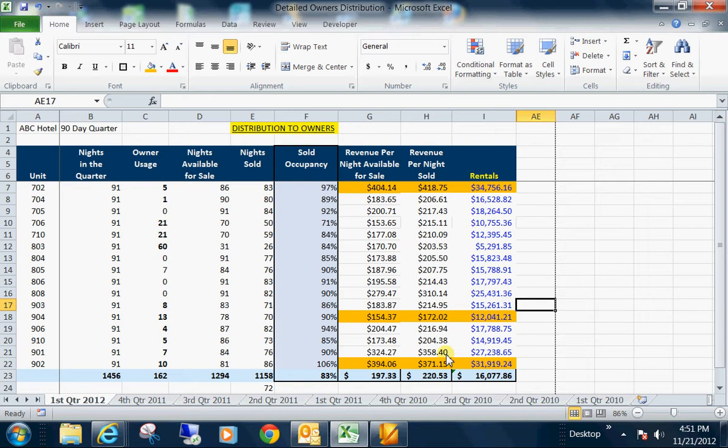As you well know, each of you signs a rental management agreement, also called an RMA, when you go into the program. And in that agreement, the hotel program promises you that they will do their best to equally distribute revenues. We all know that if you live in the penthouse with an ocean front view, or if you live on the fourth floor with a street view, your rate, of course, is going to be different.